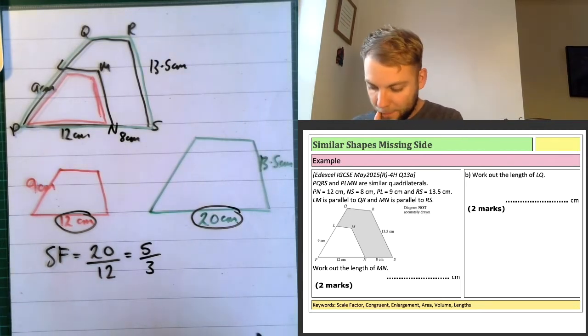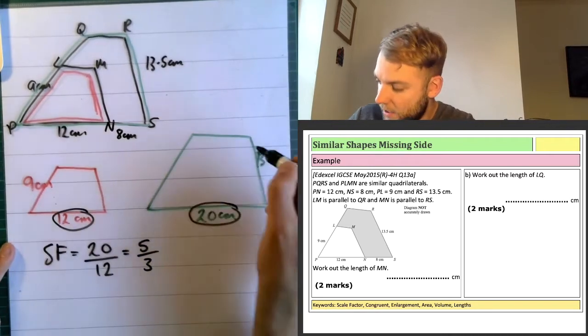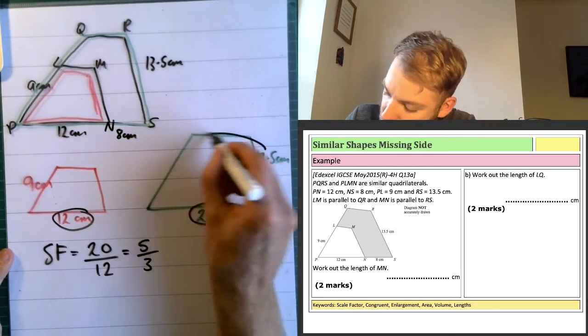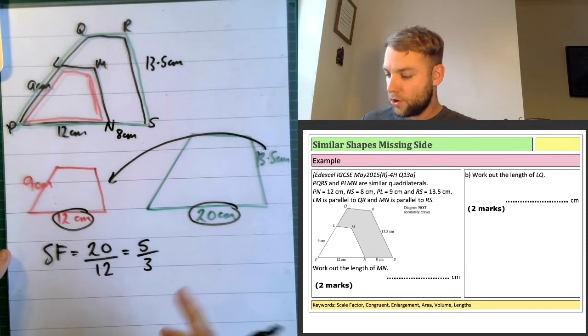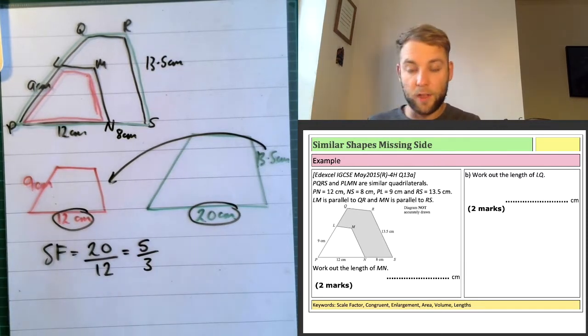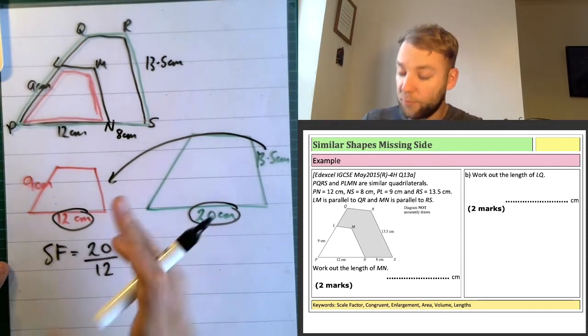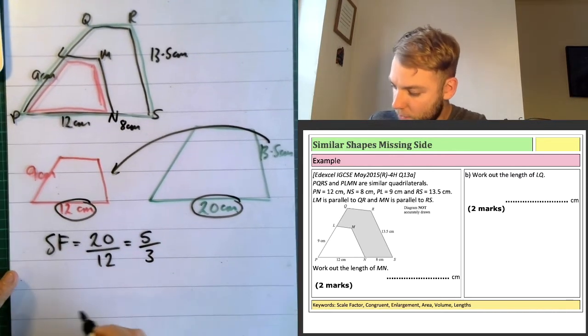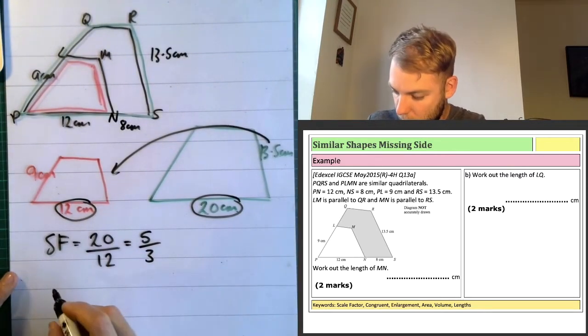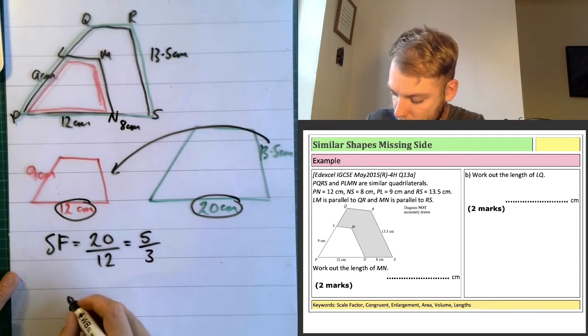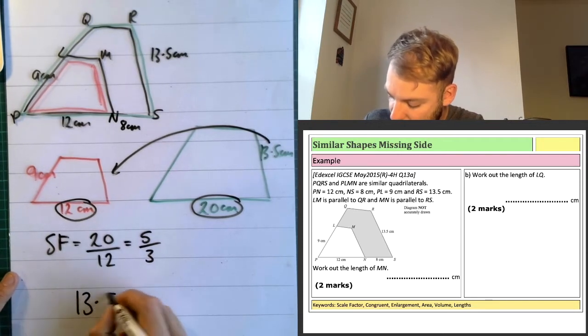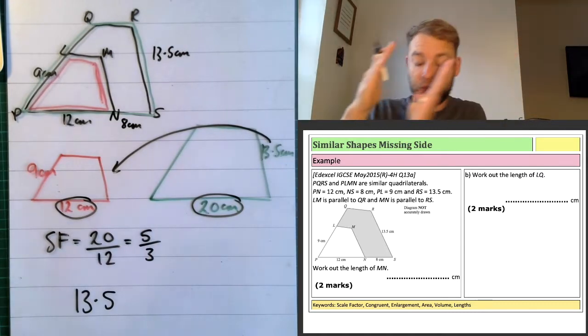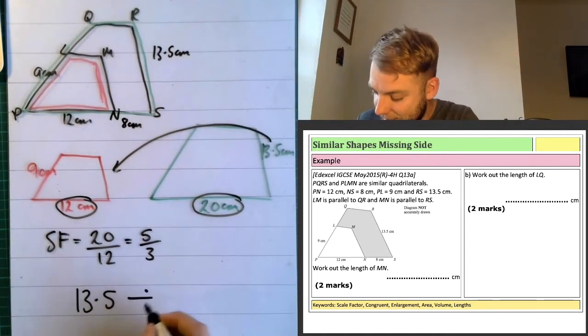So, what we're looking at now is we're trying to find this length here. So I'm going from larger to smaller. So if I'm going from larger to smaller, I know that it's 5/3 times smaller. Okay, so I'm going to be doing 13.5 because I'm going from larger to smaller. I'm dividing because it's that times smaller.